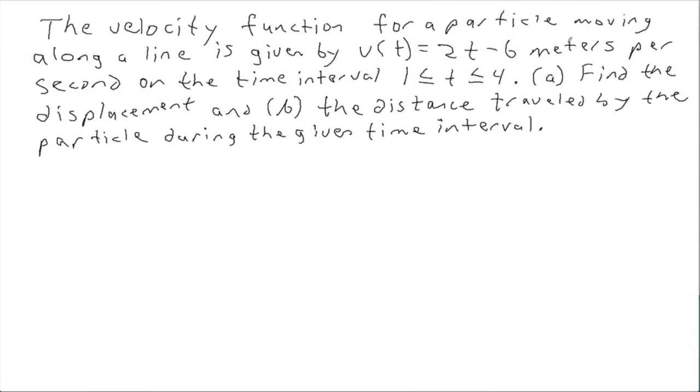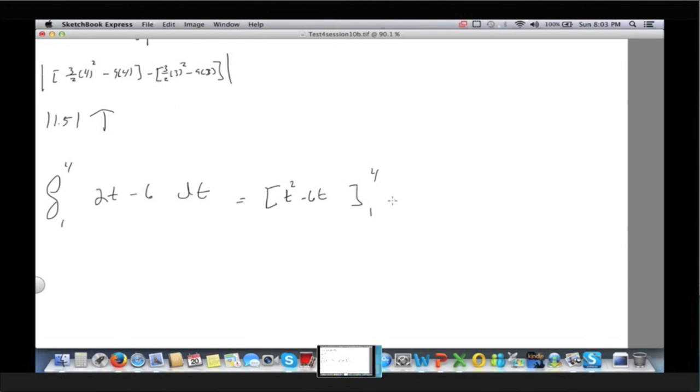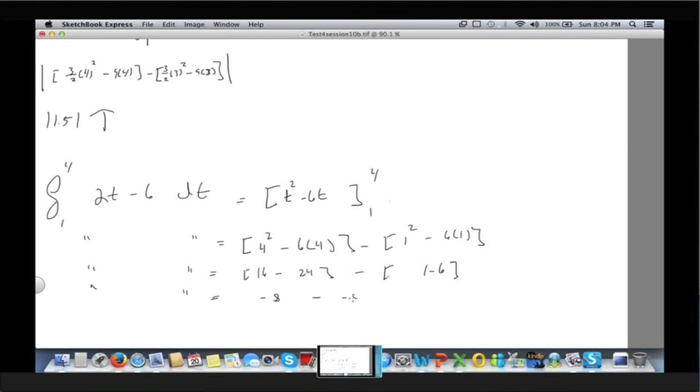Okay. So t squared minus 6t. -8 plus 5, -3.